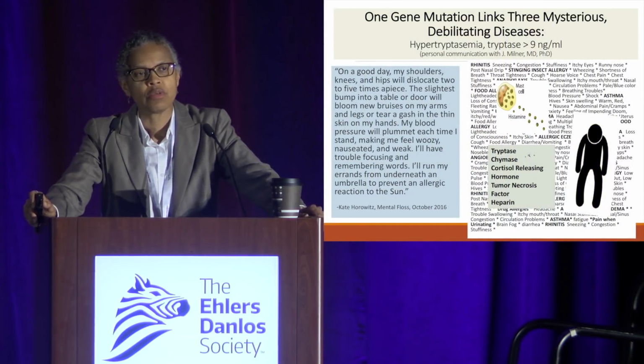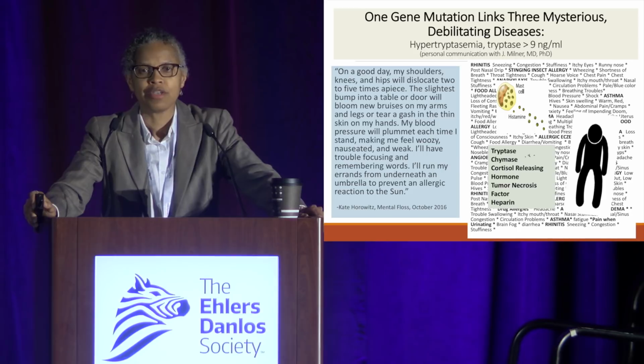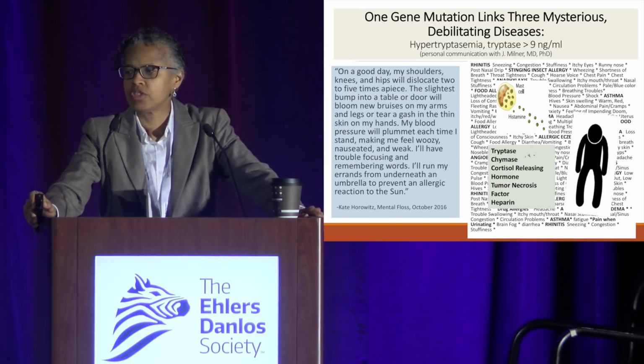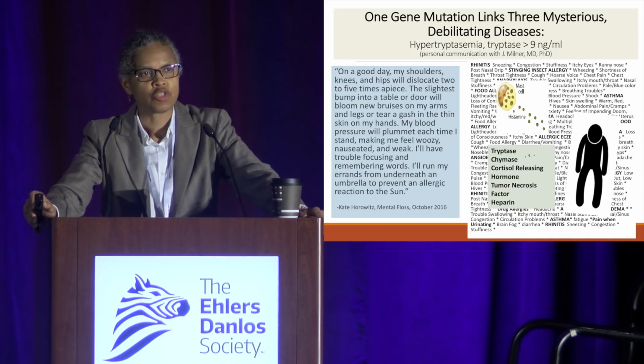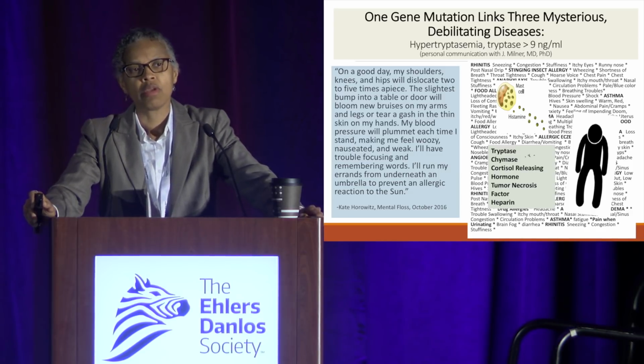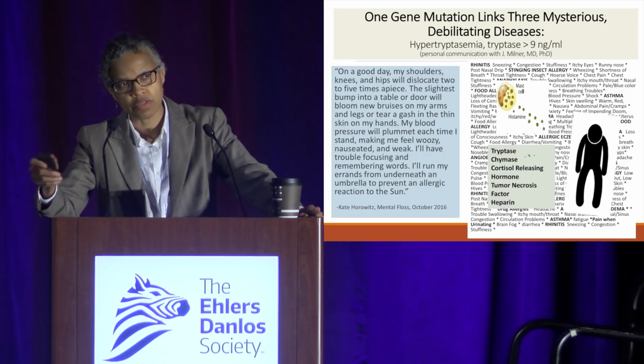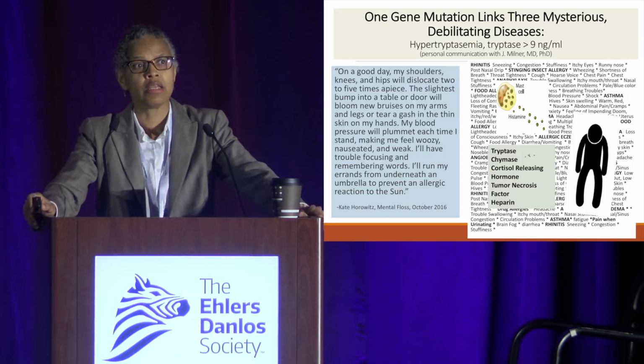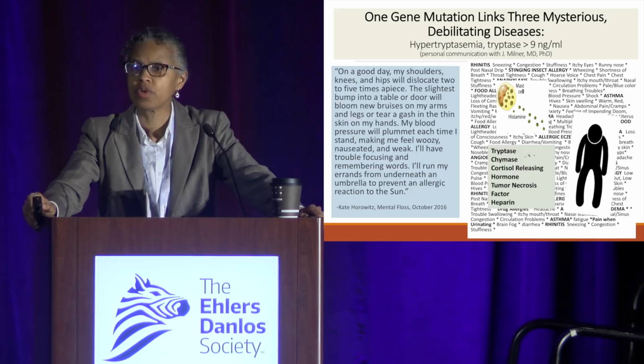Fast forwarding to the 21st century, this is work done by Dr. Joshua Milner, and I really would like to emphasize that we really don't know what a normal tryptase is. So he's been able to identify, and there's a company here, Gene by Gene, that can offer help in trying to diagnose individuals that have mast cell disorders.